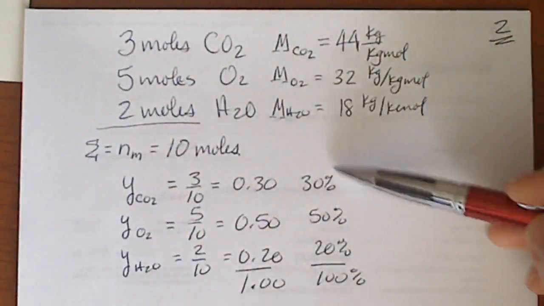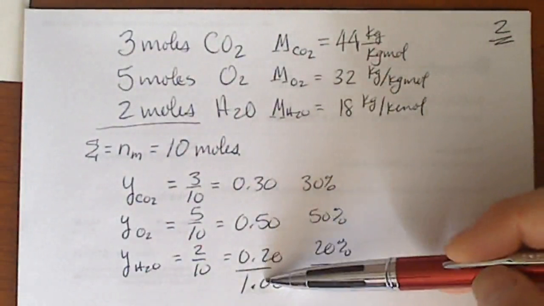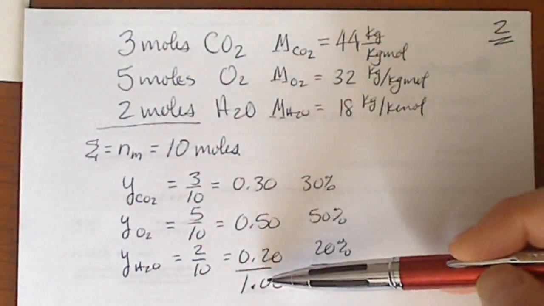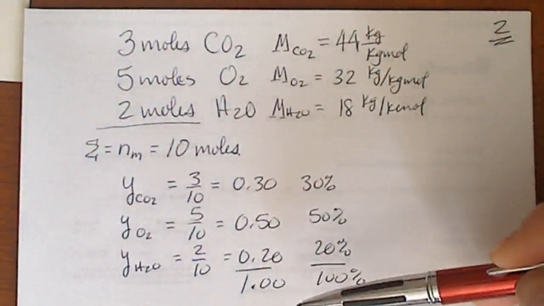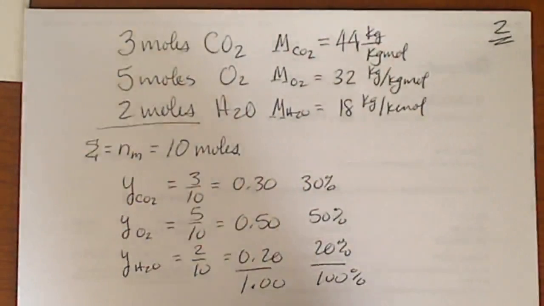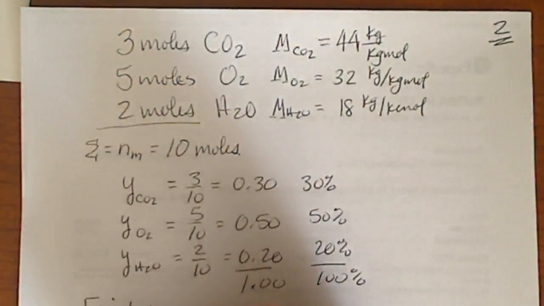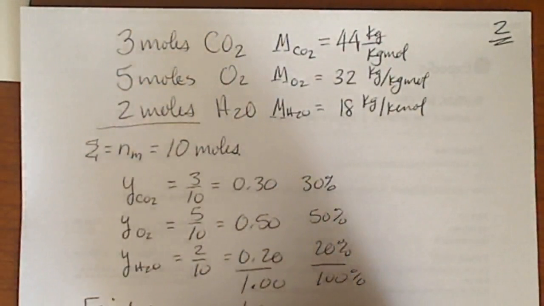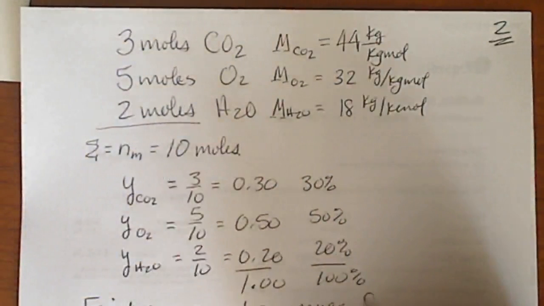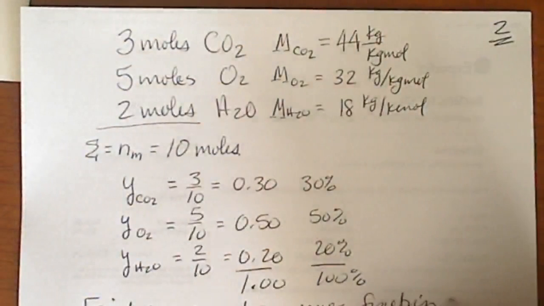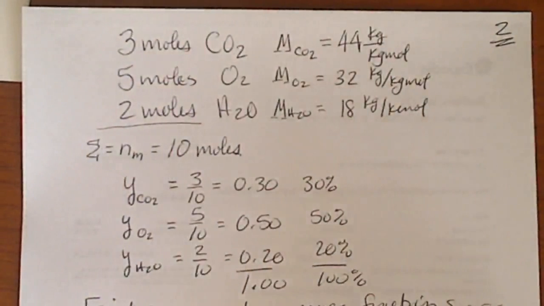So if we've been given this information that these were the mole fractions, and then someone asked the question, what are the mass fractions? Then how would we do that? Well, what we have to do is start out and just assume that we have some convenient number of total mass that's present.